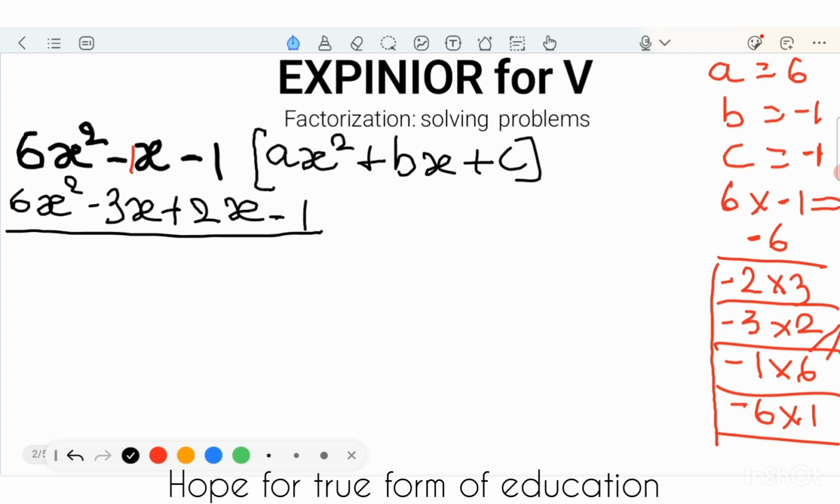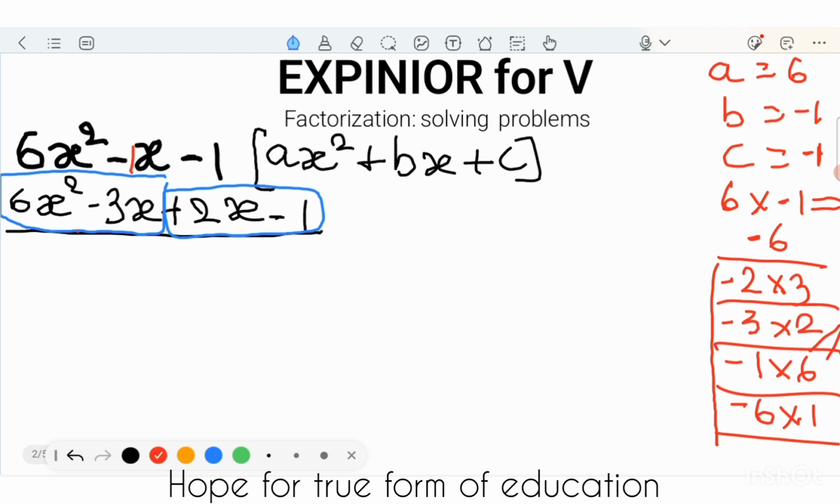Now we will divide the given equation into two parts. This is part 1 and this will be part 2. So to make you understand better, I'll expand part 1.